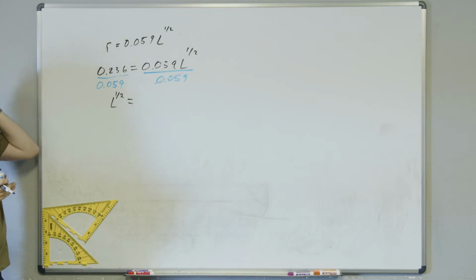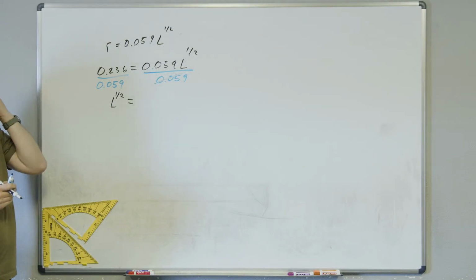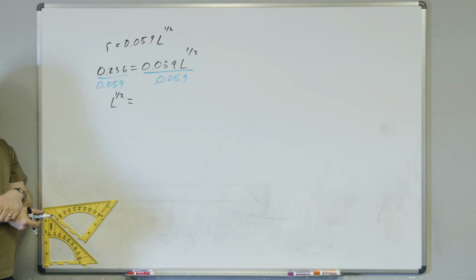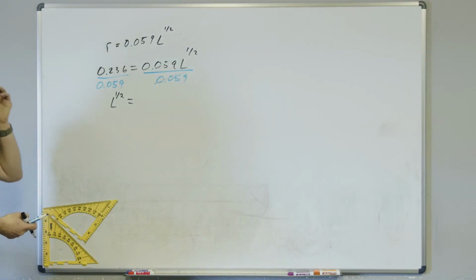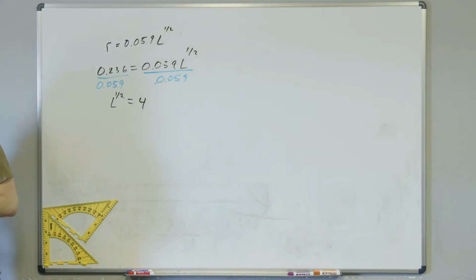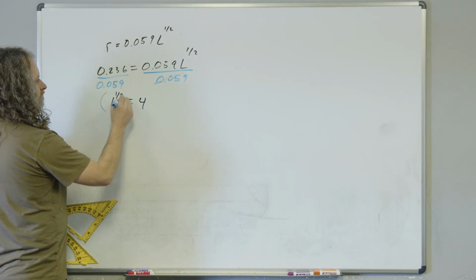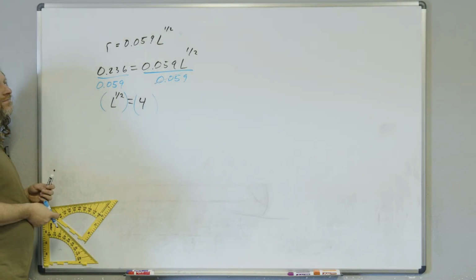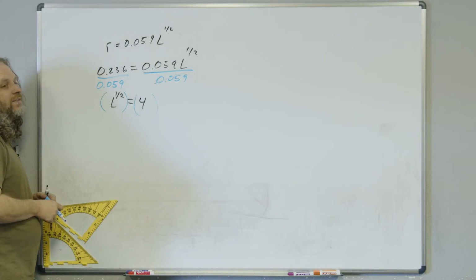0.236 divided by 0.059. Now what? What are we going to raise it to? 1 times 1/2 is 1?